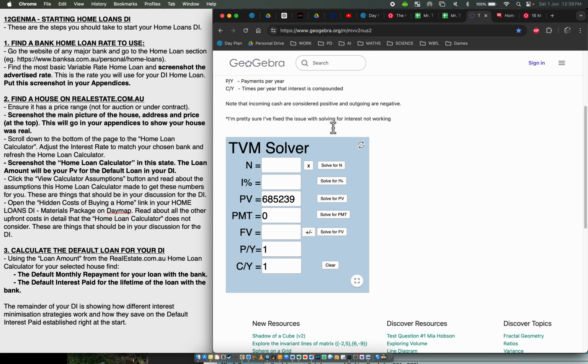The interest rate that I researched was 6.29. I don't want to owe anything at the end of a loan. Payments are monthly, compounding periods monthly. Default loans are 360 months or 30 years. So solve for PMT.